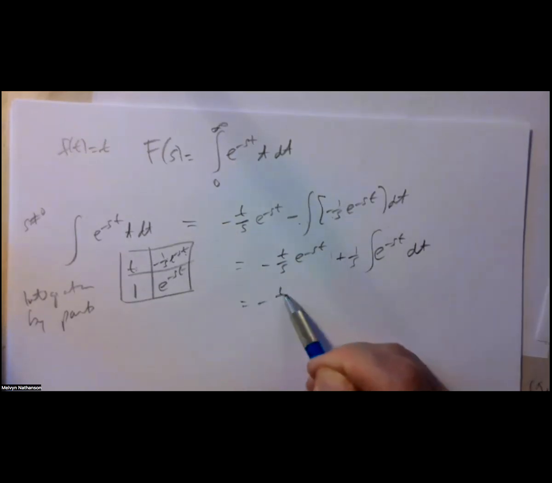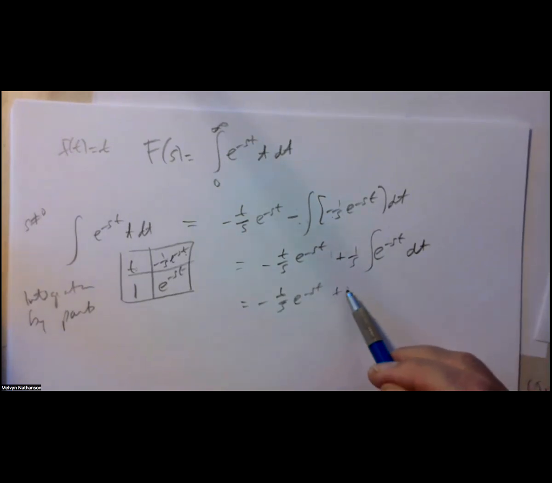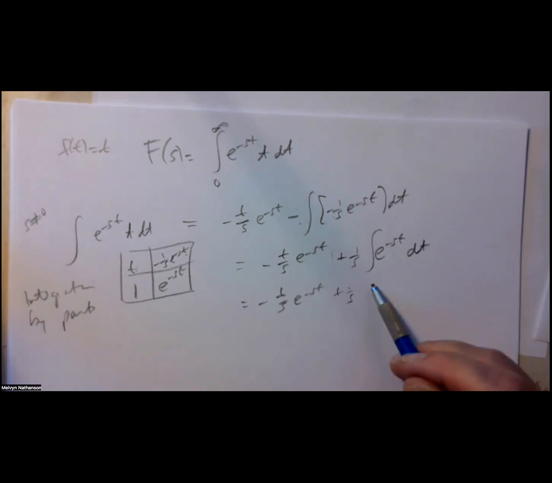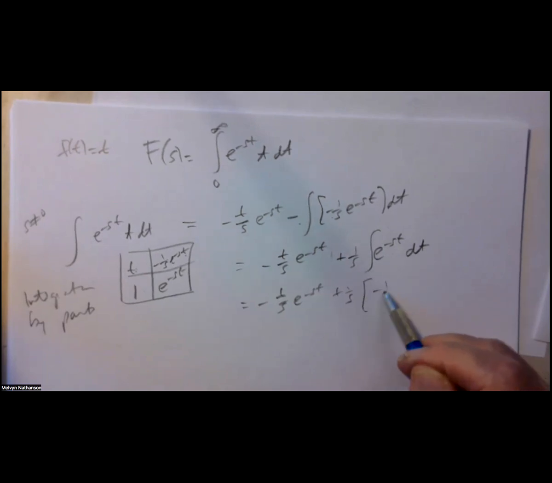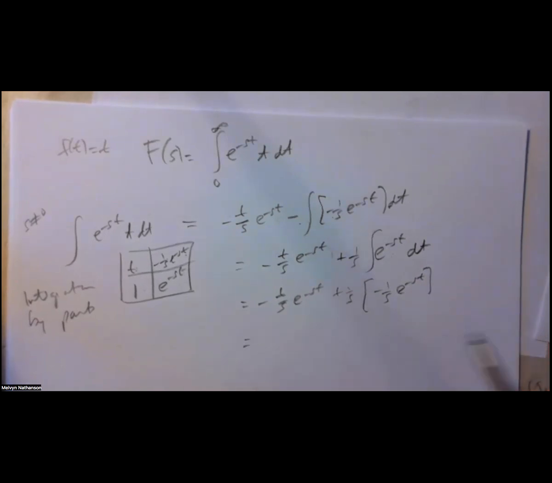Which is minus t over s e to the minus st plus 1 over s. And what's the antiderivative of e to the minus st? Again, it is minus 1 over s e to the minus st. So what I get is minus t over s, and here I have minus 1 over s squared.